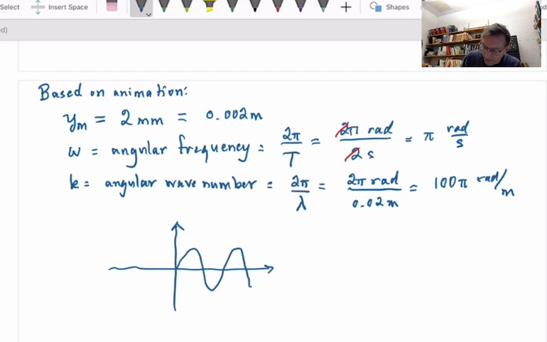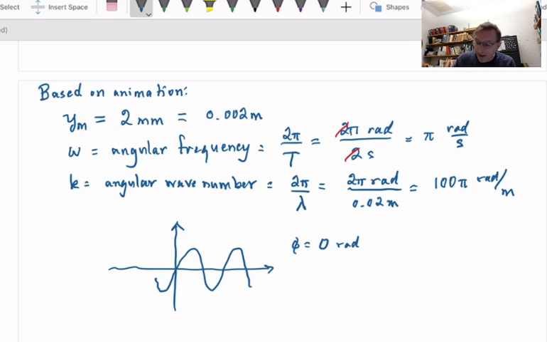Looks like that, and it repeats this way too. And that's exactly what our function looks like, our wave function. In other words, for our wave, the phase angle is 0 radians in our animation.